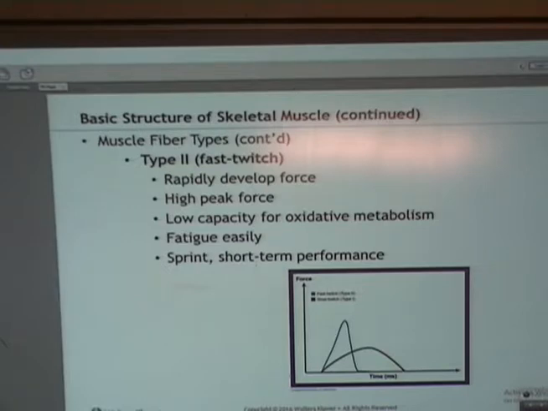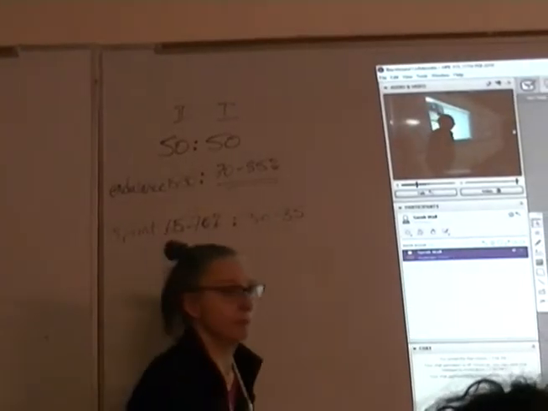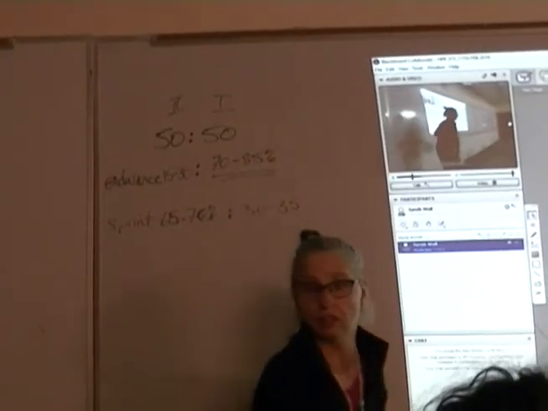And so that gives us 30 to 35% type 1s. So what makes them a really, really good sprinter is the amount of power they can generate because they've got a lot of type 2 muscle fibers in their legs. I suspect if you looked at Usain Bolt, he may even have more than 70.